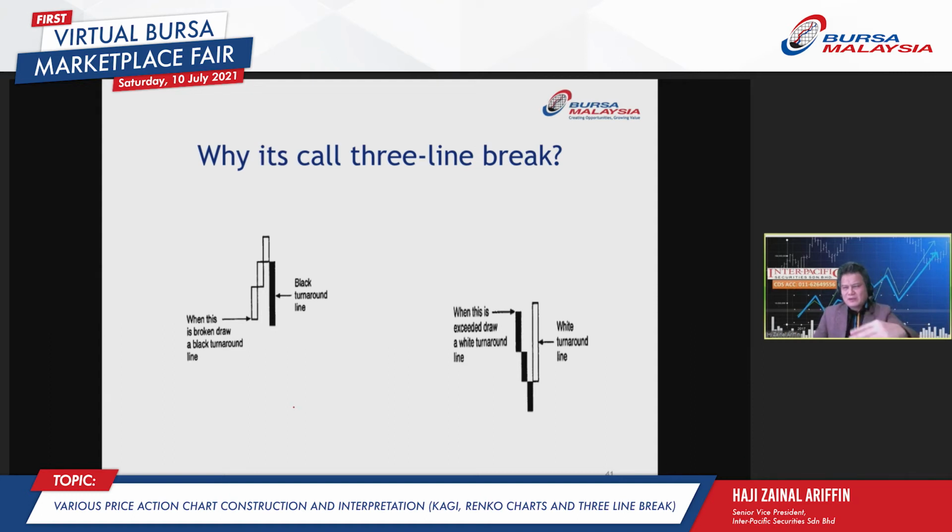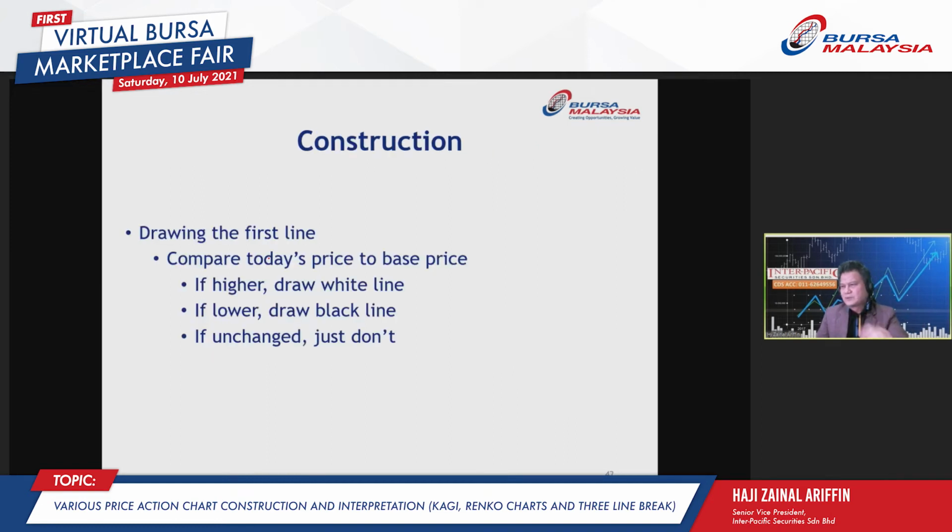The price moves up, and we draw it whenever there is a move up. Only when the price drops below the previous three lines do we draw the black line. That's what we call a three-line break.